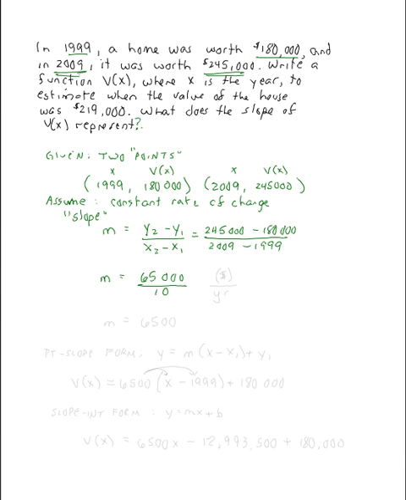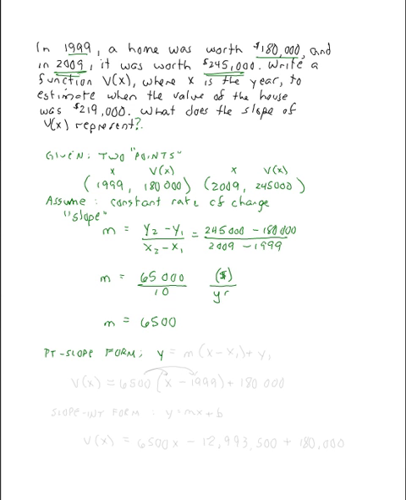And keep this in mind, our numerator was measured in dollars. The denominator measured in years. This will matter. For us, we have a slope m of 6,500. Now, because we have a slope and we have points, let's use our point-slope form in order to make our linear function.